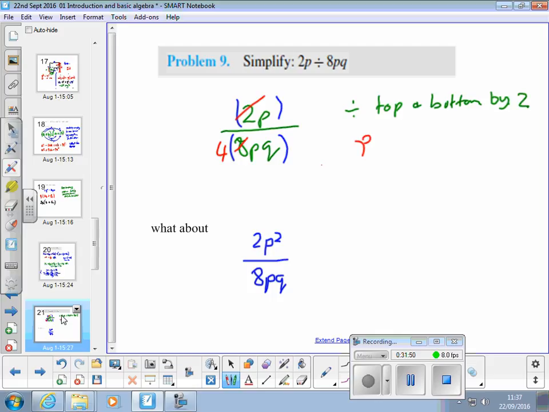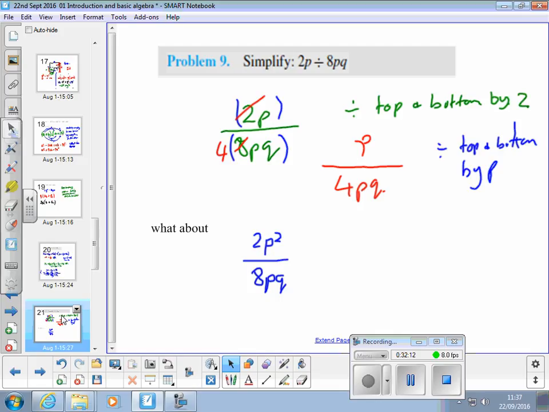P over 4pq. And then you're going to say, divide top and bottom by P. So P divided by P is... Sorry? Is 10 divided by 10 nothing? 1. Be very careful, that's another common mistake.